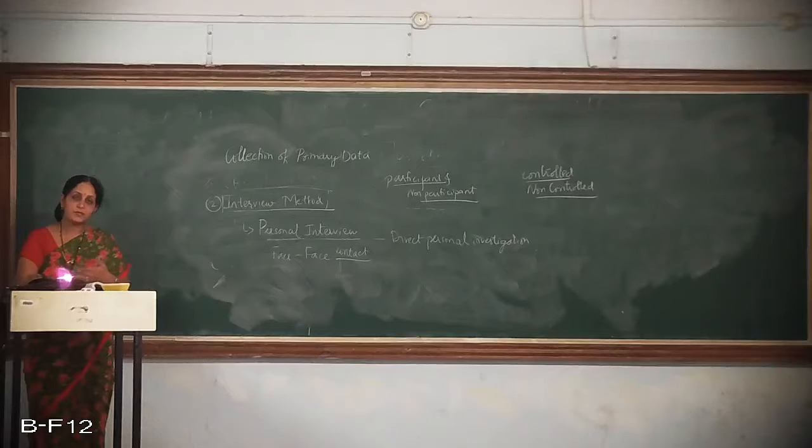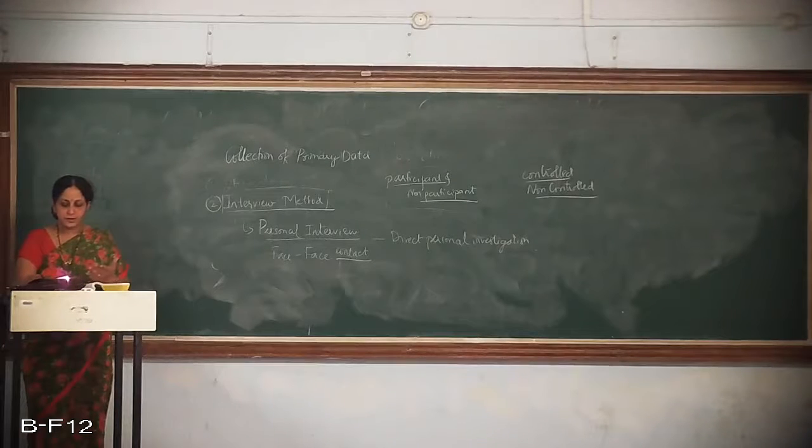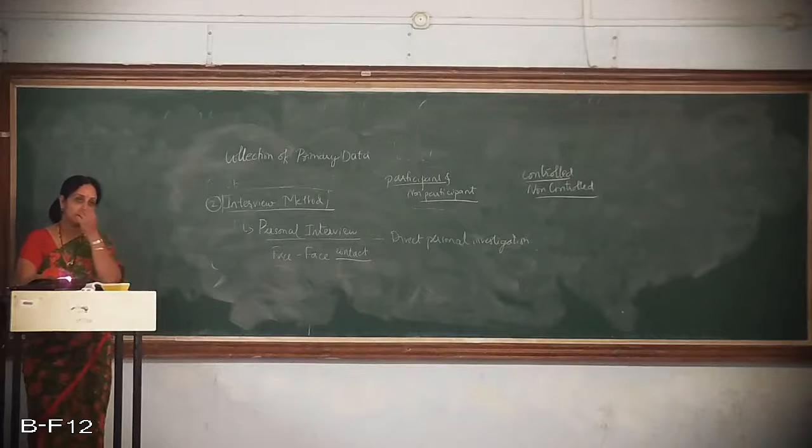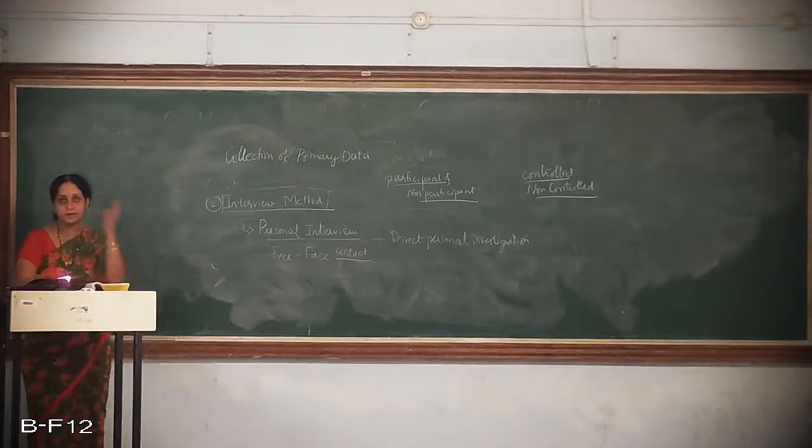And most commissions or government authorities, many a time, go for the indirect type of interview method because of the time lapses that exist, or because of the economy that may restrict, or because of the stability in the structure, they may go for a non-direct method of interviewing.